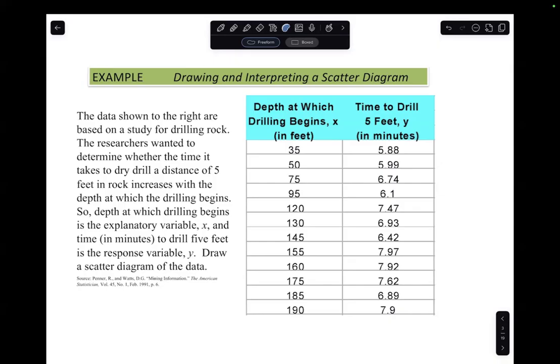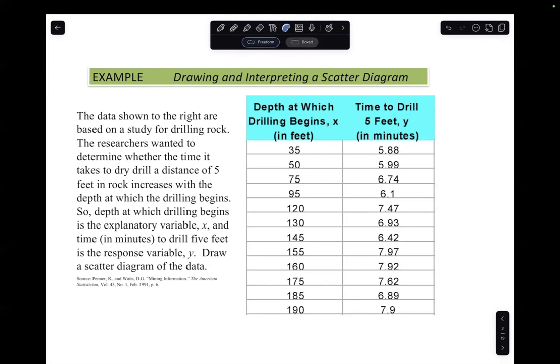So for example, when I'm 120 feet in the hole, it takes me 7.47 minutes to drill 5 feet. Geologists would know much better than I am about different types of rocks at different depths, and I'm sure it has to do with that. But at 35 feet, it only took me 5.88 minutes to drill 5 feet.